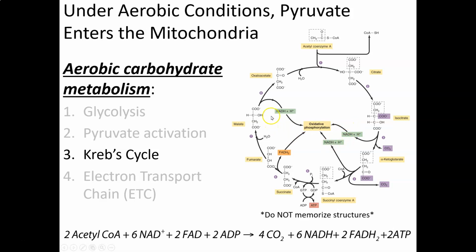So I have 3 NADHs, right? Remember, each NADH is worth 3 ATP. So that's 3, 6, 9 indirect through oxidative phosphorylation. And then that FADH2, remember we said that was worth 2. So let's go ahead and do it this way. I'm just going to make them pink because it's easy to see. So we have 3 NADH, we get 3 ATP from that.